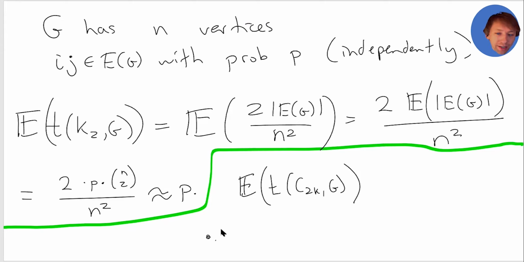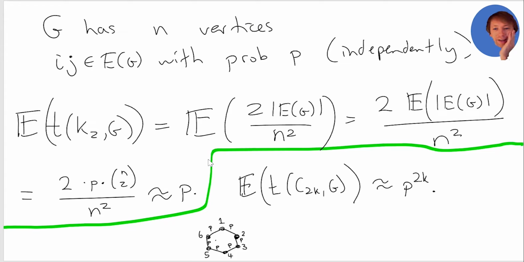And now if I look at an injective map, let's say k is 3, for example, suppose I pick where the vertices 1 up to 6 go in G, the probability that this is a homomorphism is the probability that all of these 6 edges are there, which has probability p times p times p because of independence. So this is going to be roughly p to the 6, or sorry, p to the 2k in general.